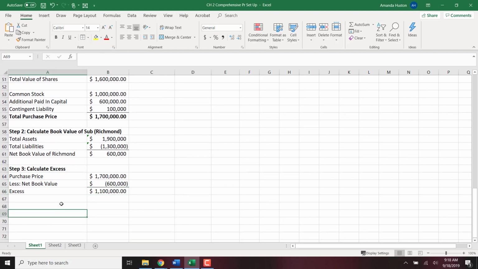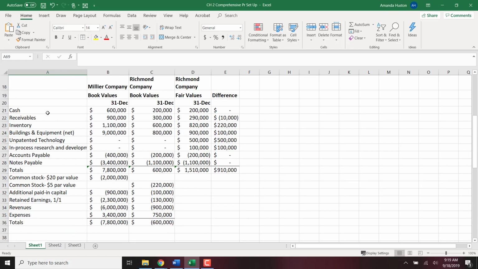Now, step 4, allocate excess. First, we're going to do it to fair value differences. So since I already put this in Excel, I'm going to copy all these ones that have differences. I'm going to copy their names.